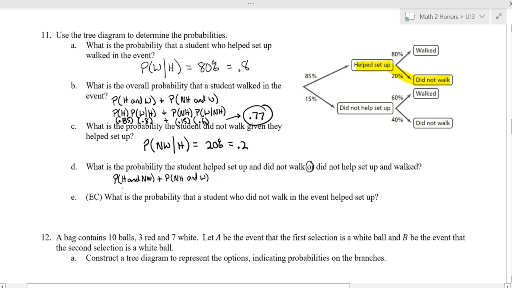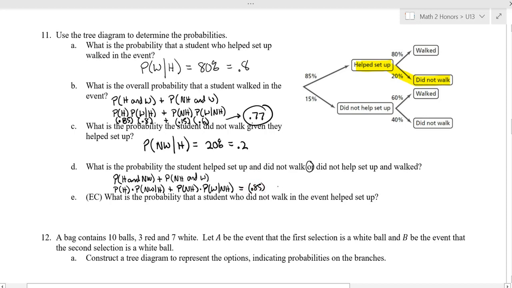Okay, so that's the probability of helping times the probability of not walking given they helped, plus the probability of not helping times the probability of walking given that they did not help. So I just find those numbers. So probability of helping is 0.85.